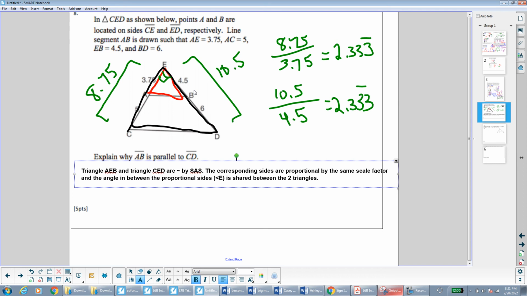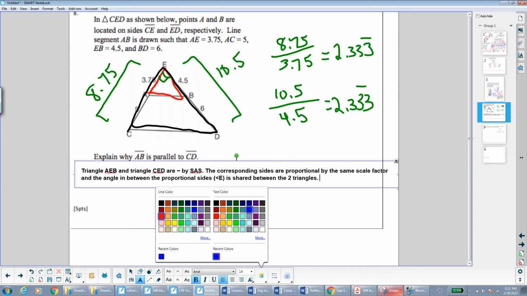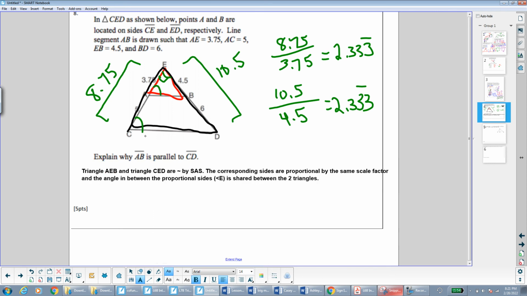Now that we know the triangles are similar, we know that the corresponding angles are congruent, because anytime we have similar triangles, corresponding angles are congruent. So that means this angle and this angle are congruent. This angle and this angle are congruent. These are the corresponding angles in the two triangles. And guess what, guys?